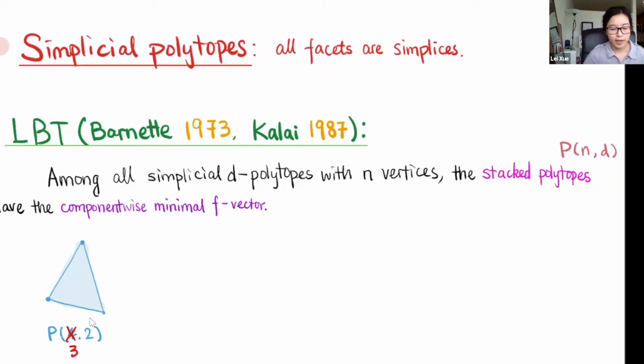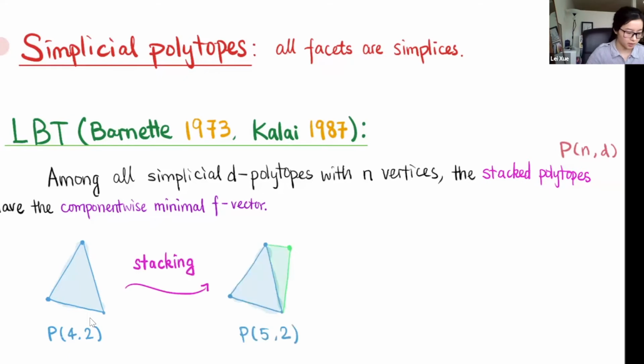And then we can do a stacking operation. You can think of stacking as gluing two simplices at a facet. So here we're gluing the blue one and the green one at that facet, which is an edge.